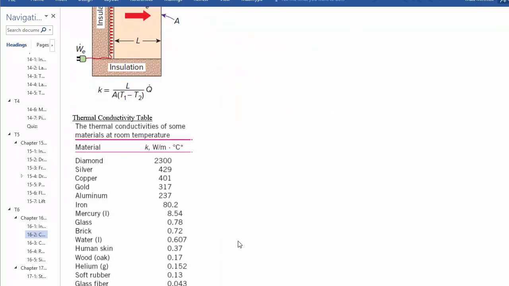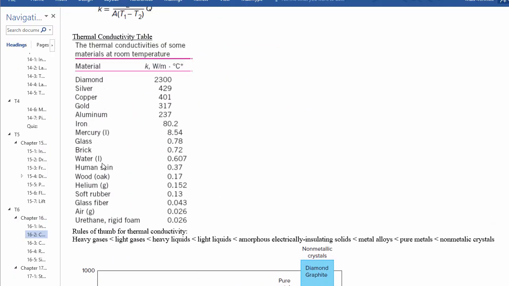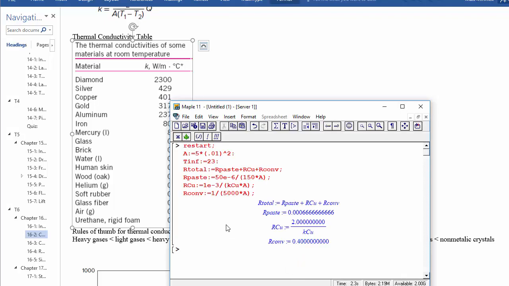Jumping over to the textbook in section 16.2, we've got this handy table of thermal conductivities, and you see there that copper has a conductivity of 401 watts per meter Kelvin. So we can put that in.